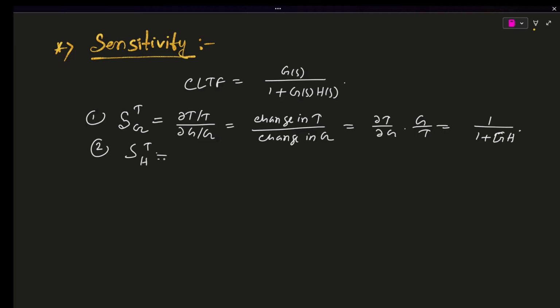And similarly, with respect to H, its value will be minus GH by 1 plus GH. Now we are going to derive it.